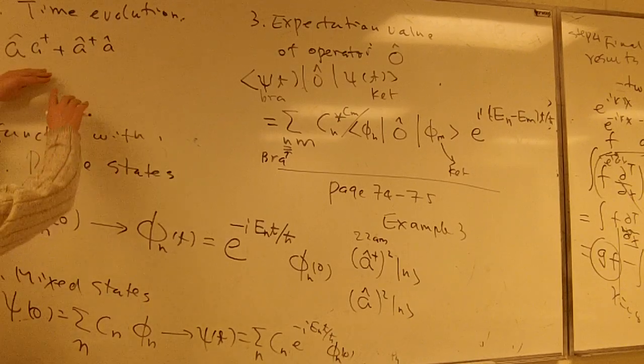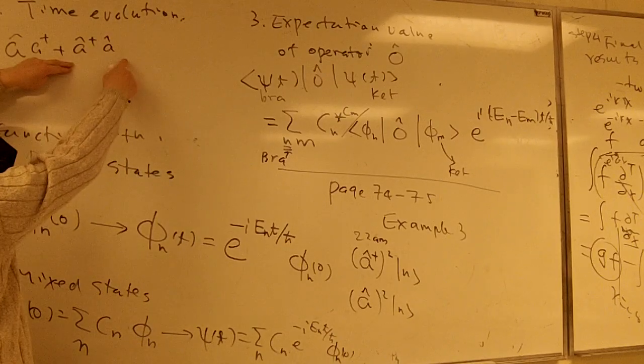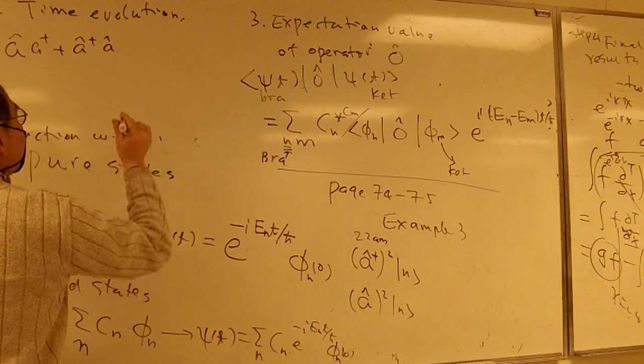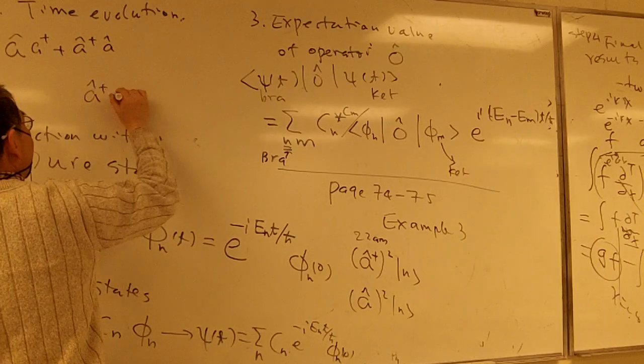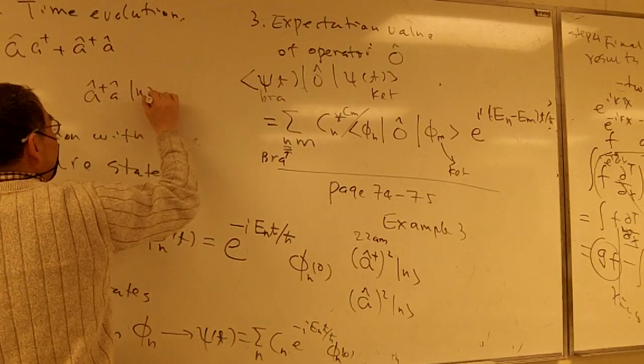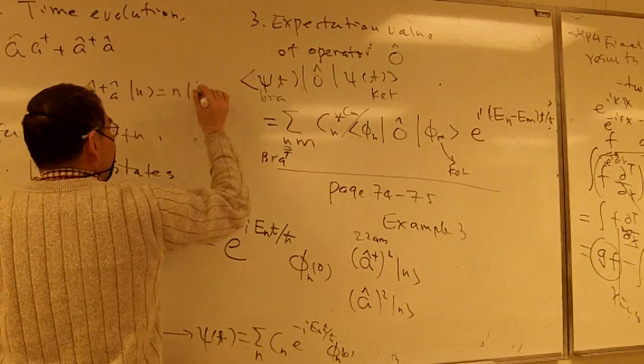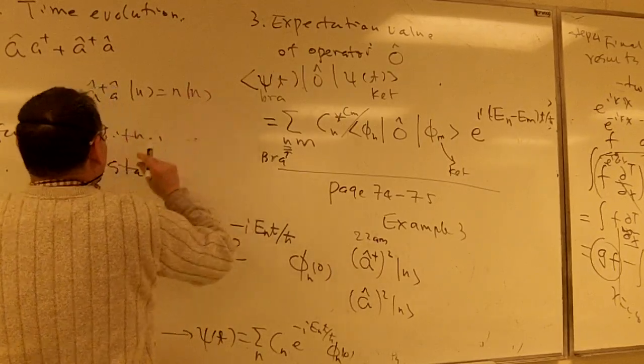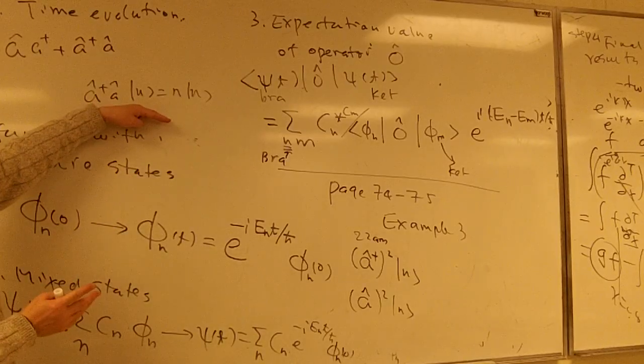Now, you may wonder why I always write it like this instead of like that. That's the question you would have. The main reason is this. If a dagger a acts upon n, this equals n times n, like this. So I can immediately know the results.